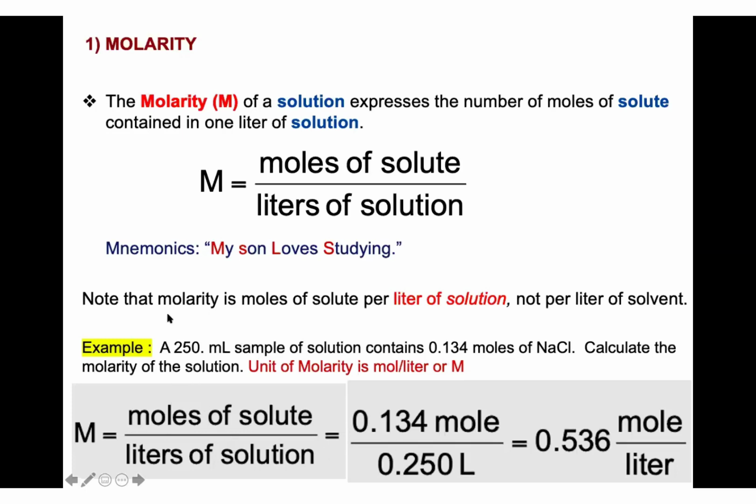So it was milliliters. What should I do to convert to liters? Divide by 1000. Make sure you keep the number of significant figures, but it will be converted to liters. At the end, we have 0.536 mole per liter, which is the unit of molarity, or capital M.